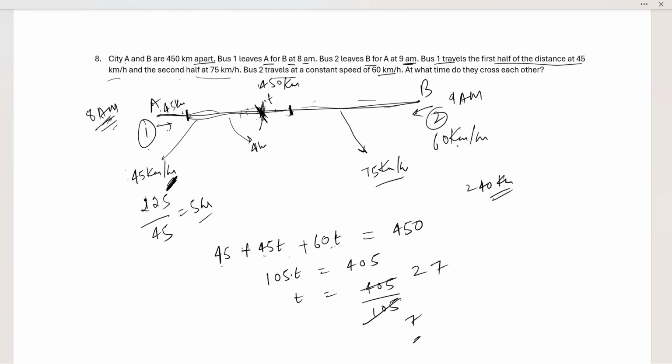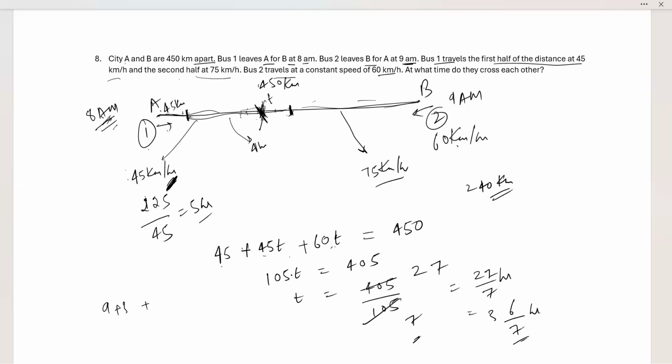Correct. So this will be 27 by 7 hours after. So this is what? How much is this? 3 6 by 7 hours. So after 3 6 by 7 hours after 9 a.m. So this means 9 plus 3 plus 6 by 7.